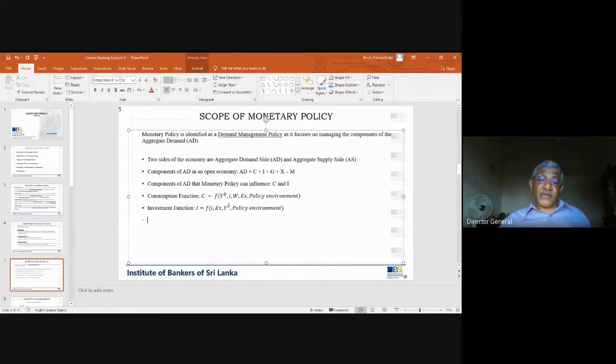If you are the purchasing manager of a factory, you have to buy inputs, because we know you cannot buy input today and produce tomorrow. If your organization is big, you have to have a stock of inputs, and after producing, you have a stock of final products.